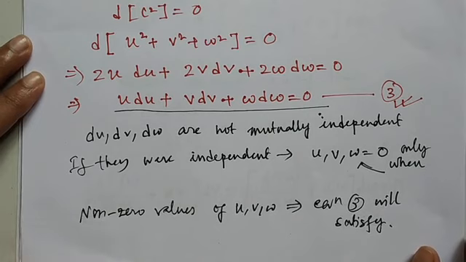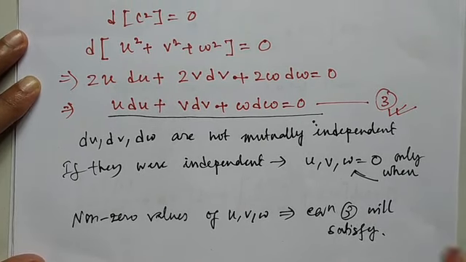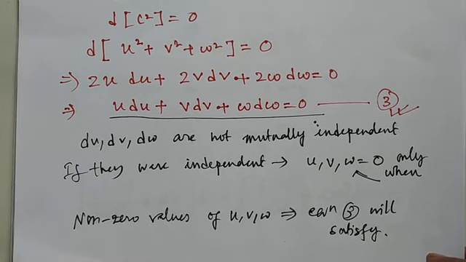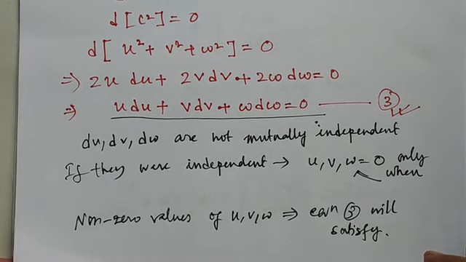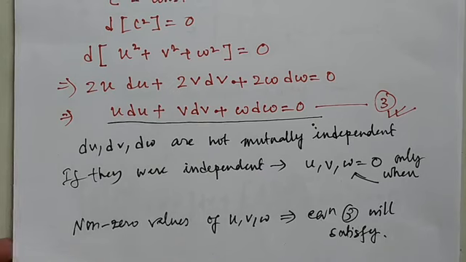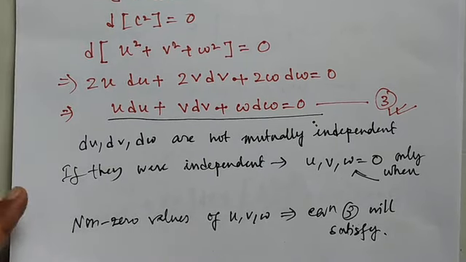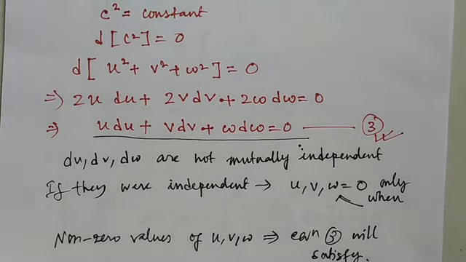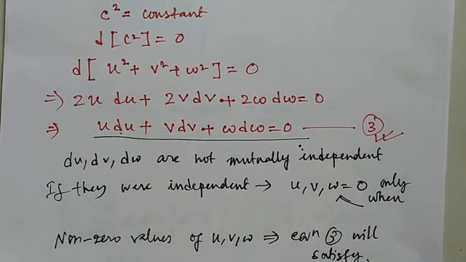Therefore, we can say that the variables du, dv and dw are not mutually independent. But out of these three variables, we can choose any two as constant and independent. That is, these three together are not mutually independent, but any two of them can be independent, and we can also choose them to be some constants.